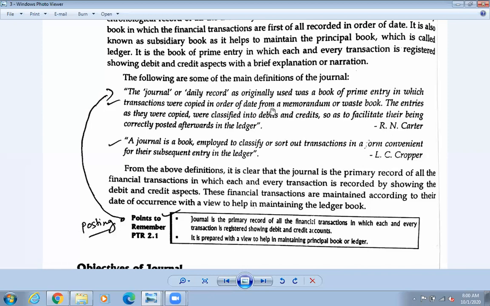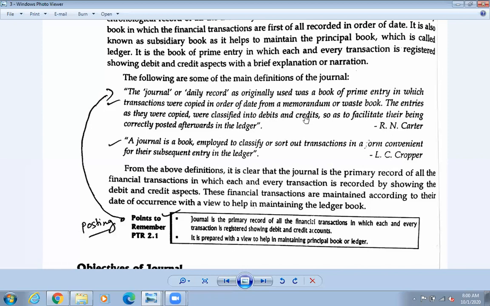The data from the memorandum or the waste book, as the entries are copied, are classified into debit and credit. How you make the entry as debit or credit, we are going to learn.